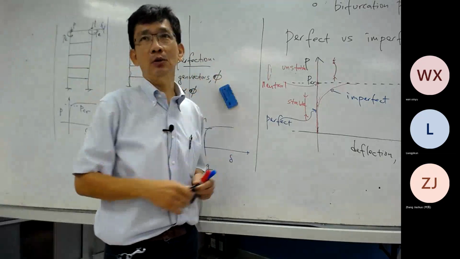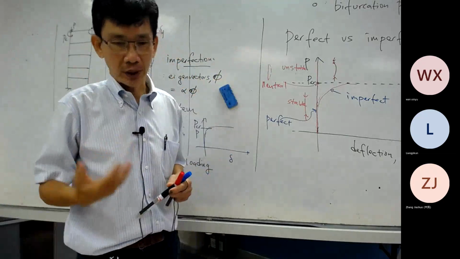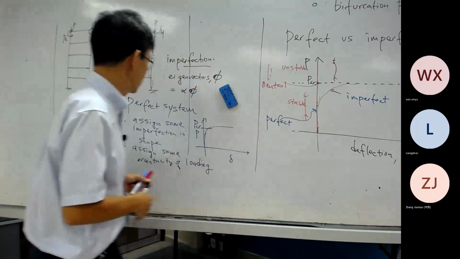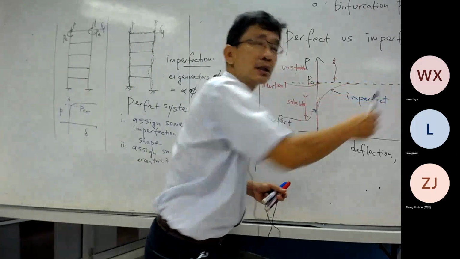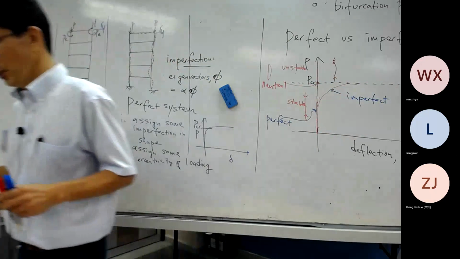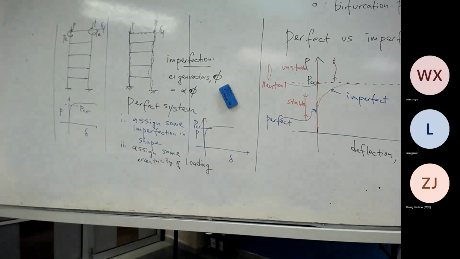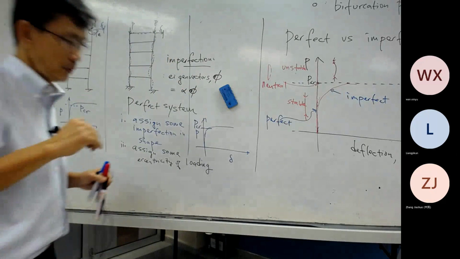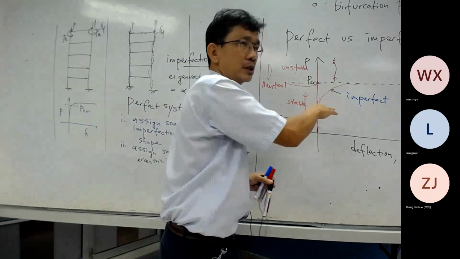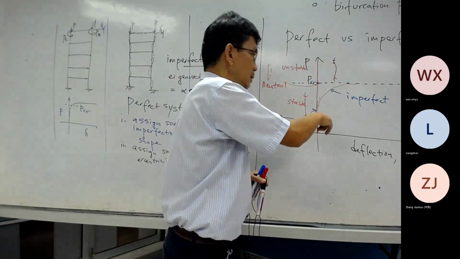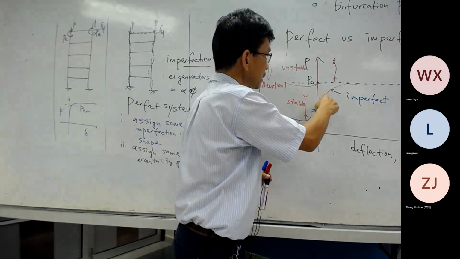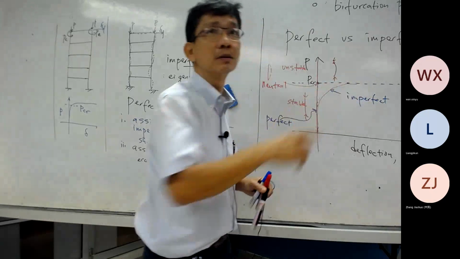So these are the things that I hope you understand. If you do the experiment, why the curve that you get is like this, and why it suddenly increases like this, is because especially for structure which is in compression, you are going to get a result like this, suddenly very small, suddenly increase.